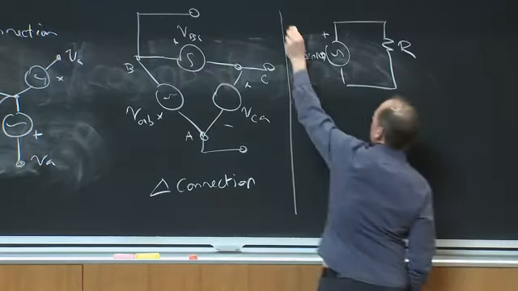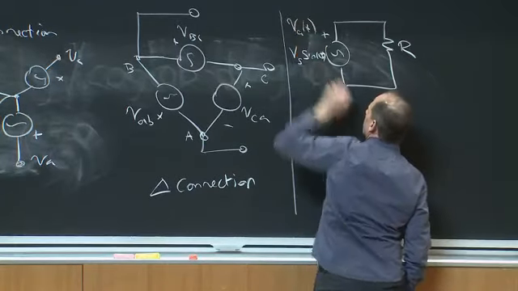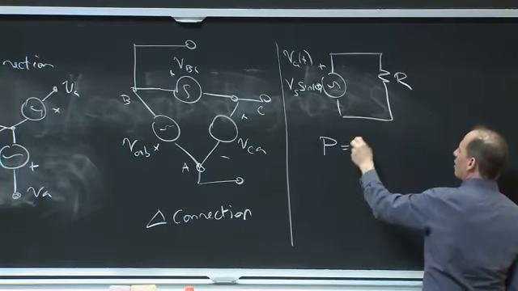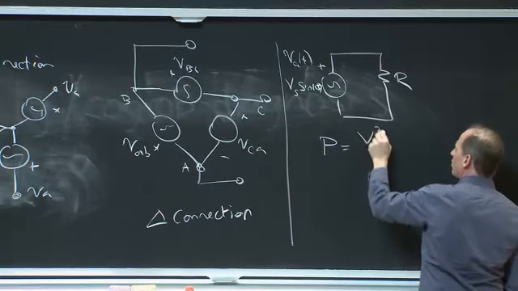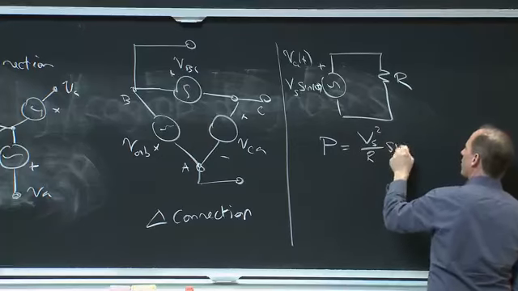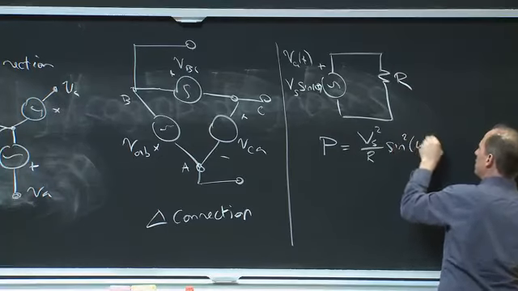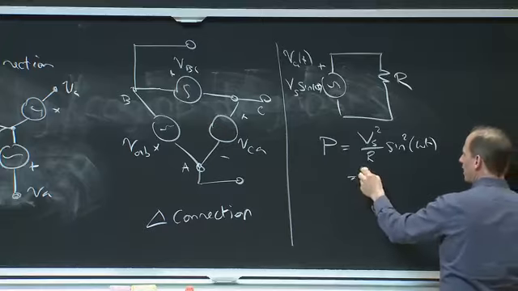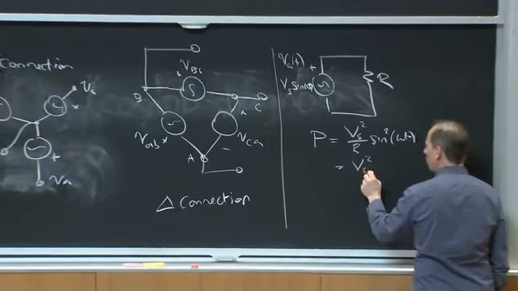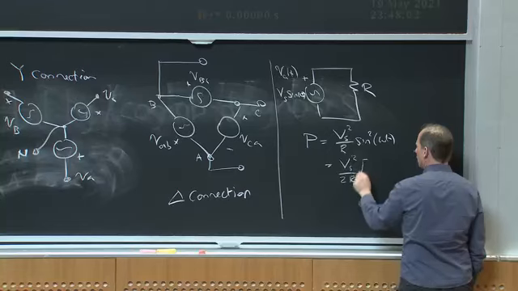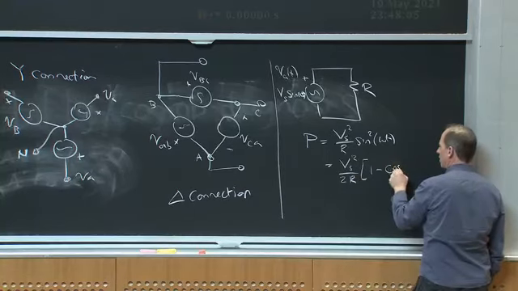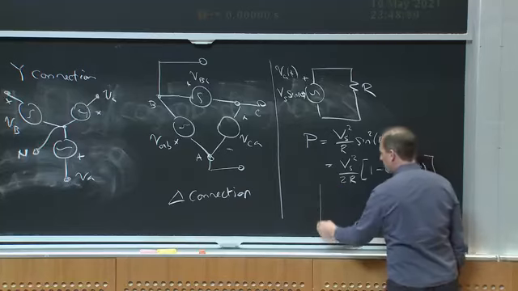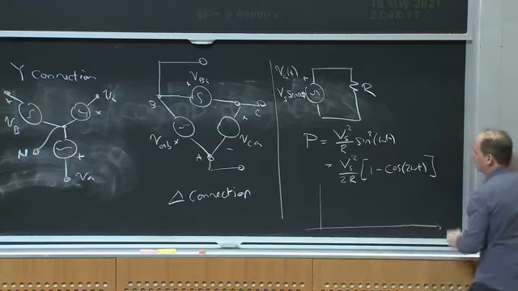Well, this is v_A of t, so power would be V squared over R, so it'd be just Vs squared over R sine squared of omega t. Through trigonometry I could rewrite that as Vs squared over 2R times 1 minus the cosine of 2 omega t.